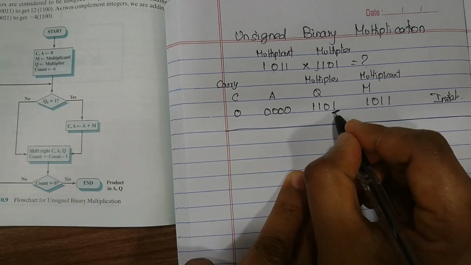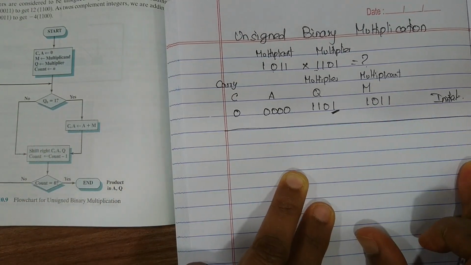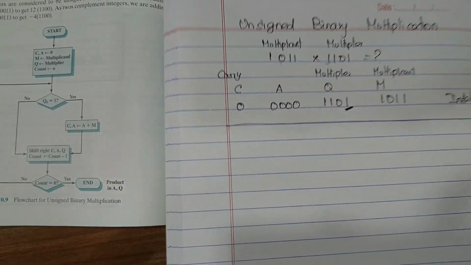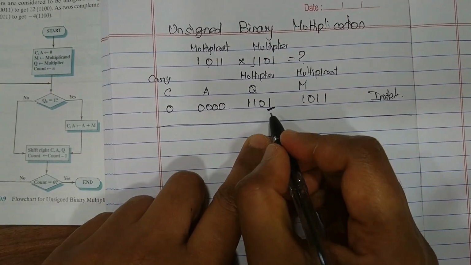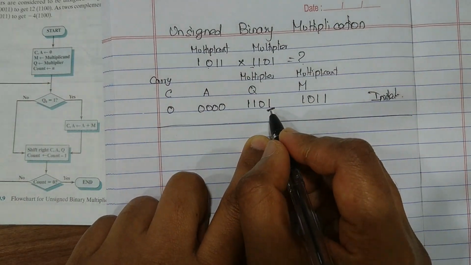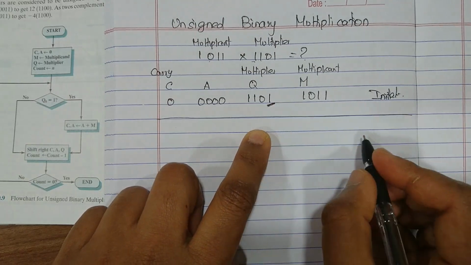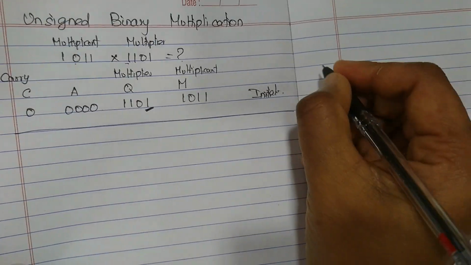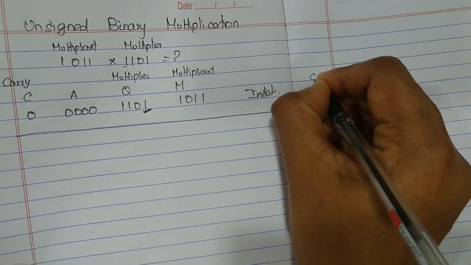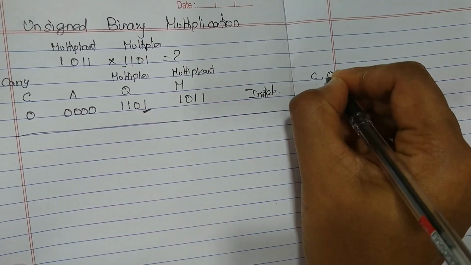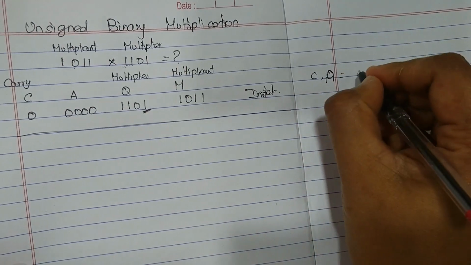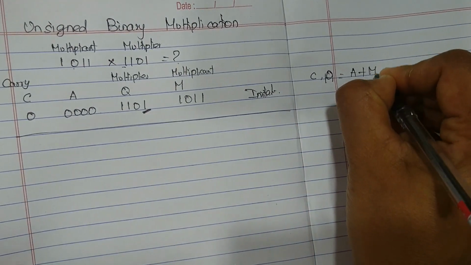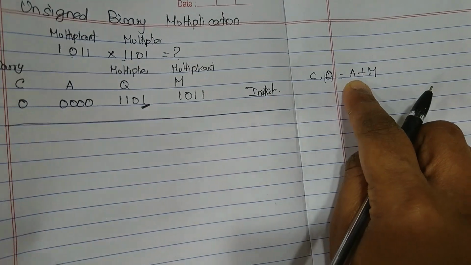So here in our example, of course, Q0 is 1. The condition is true. When the condition is true, you need to add. What do you need to add? C, A equals A plus M. So what is the bit in your A plus M?